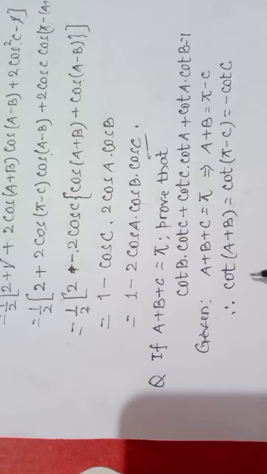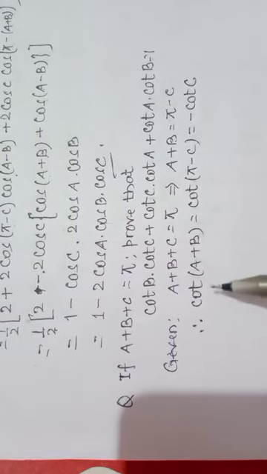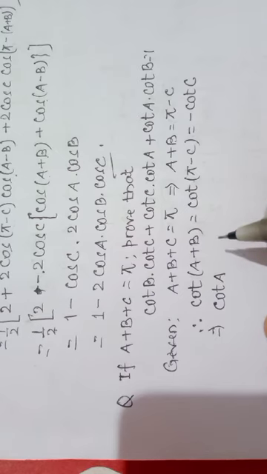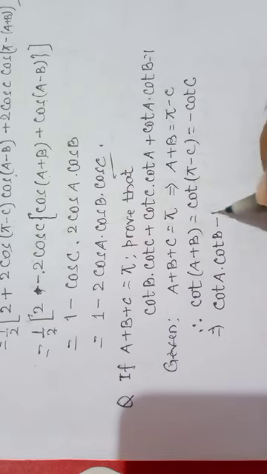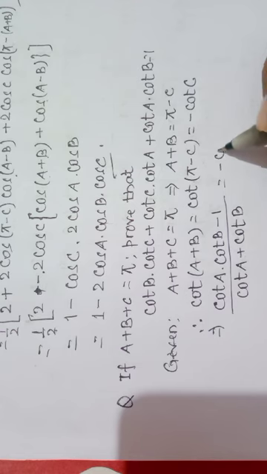Now the left side, cot (a plus b). So apply the formula for cot (a plus b), which is cot a into cot b minus 1, divided by cot a plus cot b, and in the right side we have minus cot c.